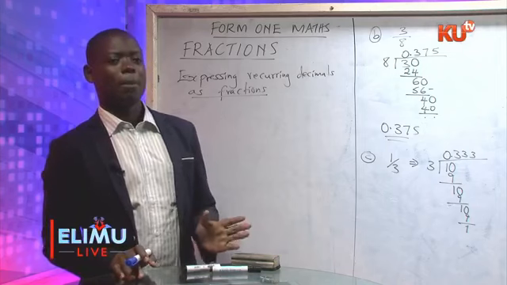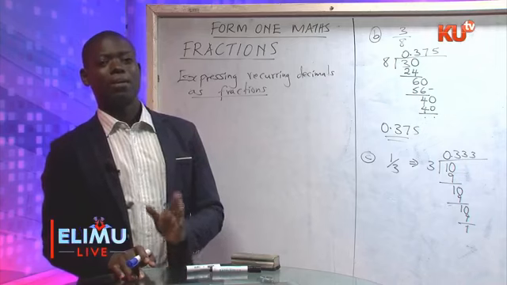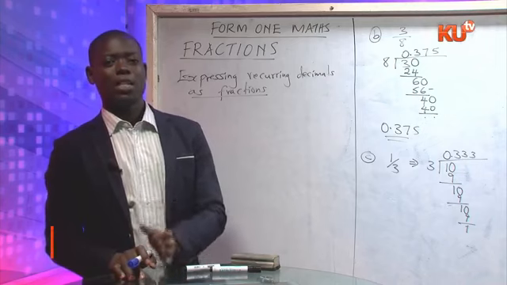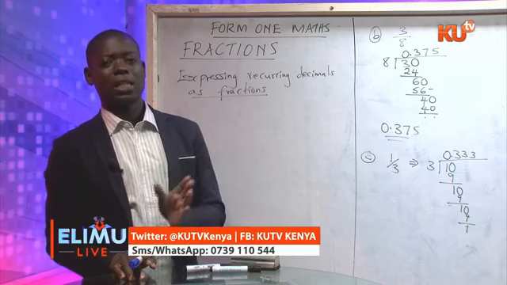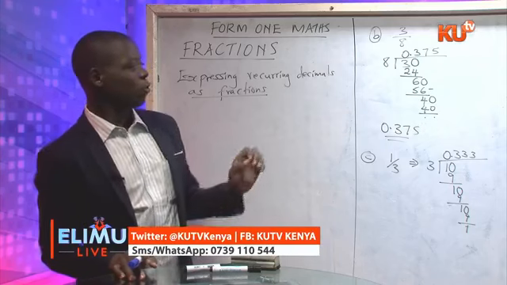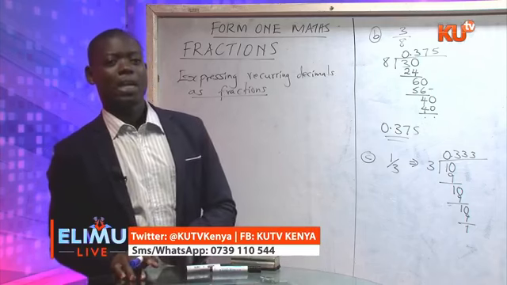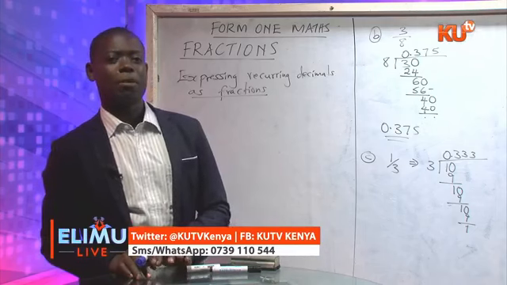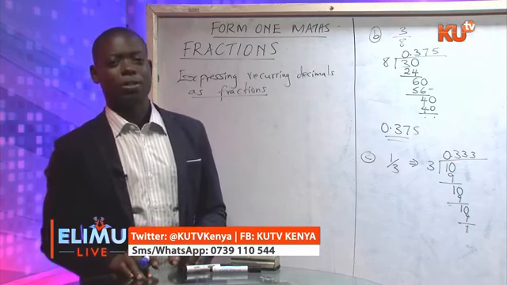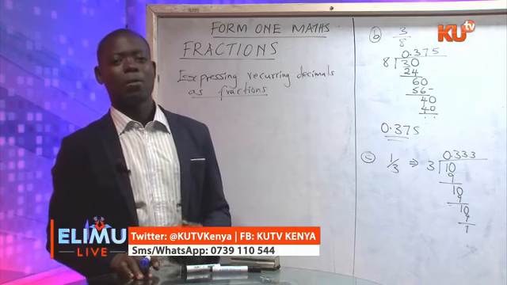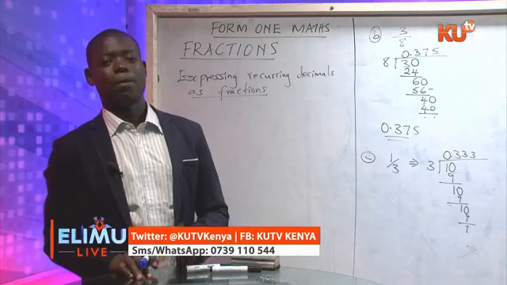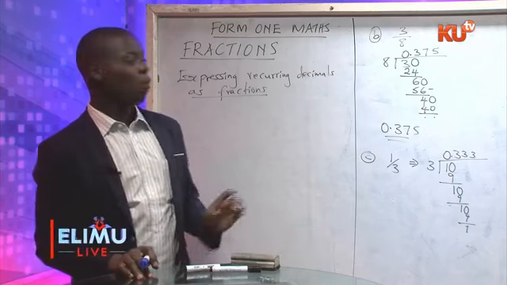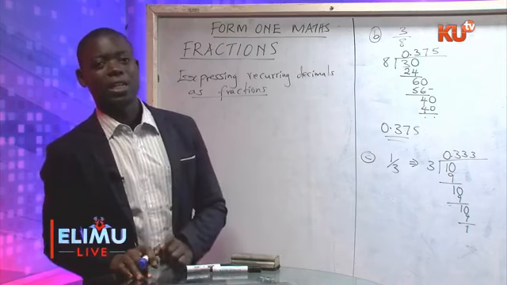The 10th, 100th, 1000th, 10,000th help us to work out the expression of recurring decimals into fractions. But what we shall always be required to know is how many decimal places you have, because the number of decimal places will determine what you are going to carry out.